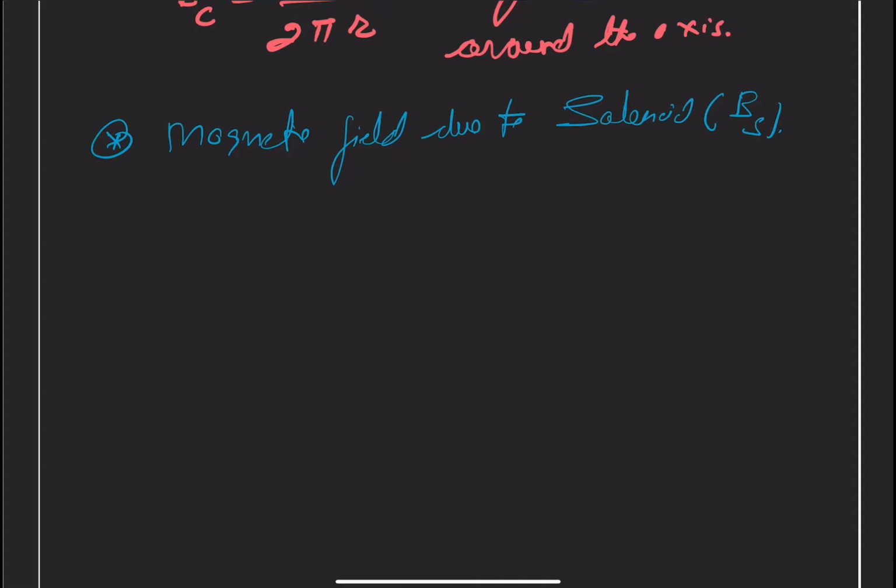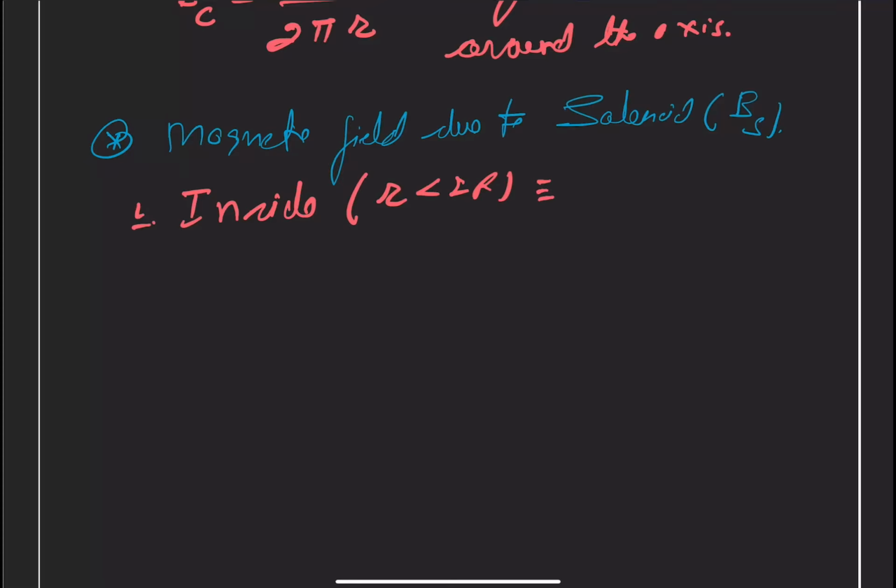So once again, we can say we are inside the solenoid, where the small r is less than capital R, and in this case capital 2R rather.